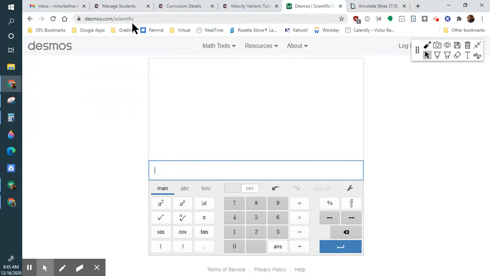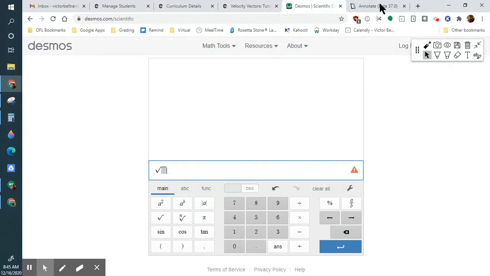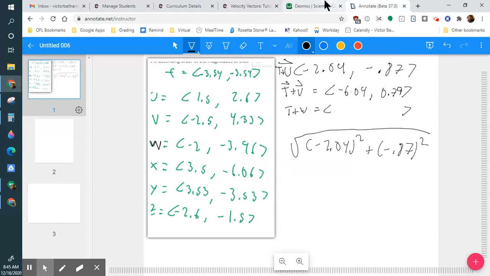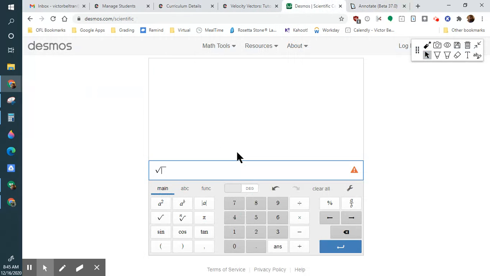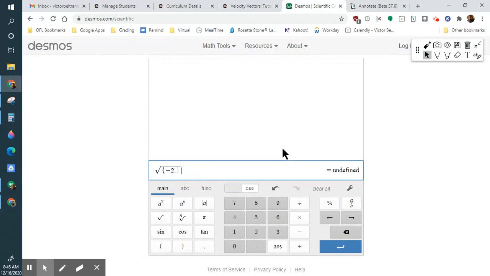We're going to use Desmos to do the square root of, give me a second here, it's on annotate, parentheses. Because of that negative, I want to make sure I'm using parentheses to include it. 0.4 squared, and you can always click on it, I just use Shift 6 to do the exponent.